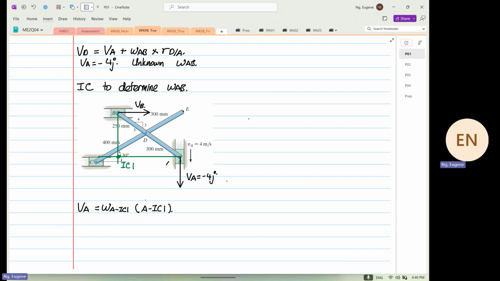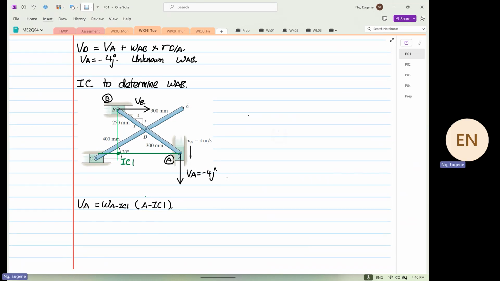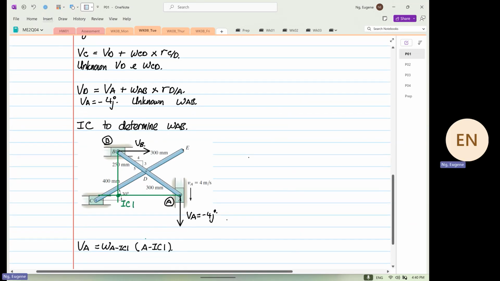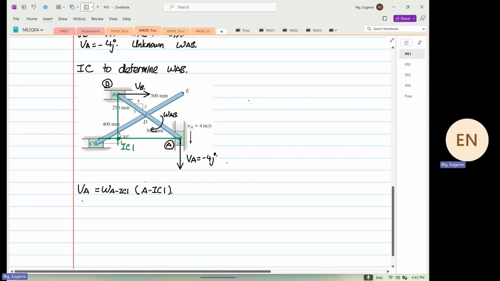Knowing that over here is point A and over here is point B, right? So for this case, we are only bothered about magnitude. We don't care about vectors now. But we know that this will be rotating in what direction? So this is your omega AB. Okay. So VA is equal to 4.